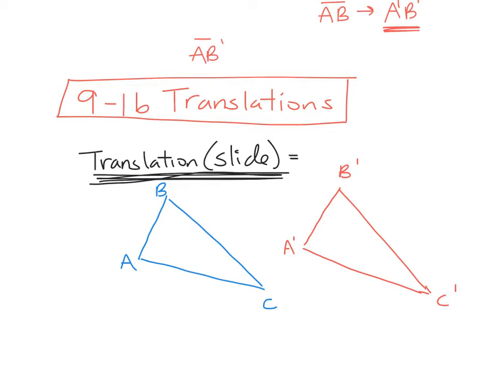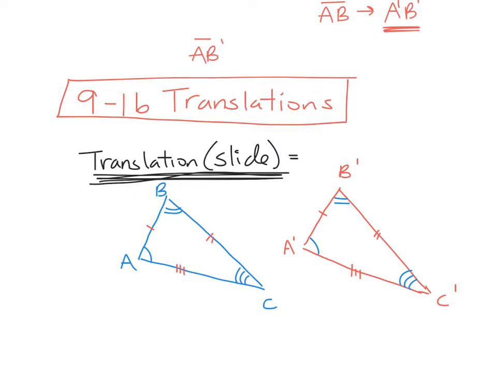A translation means this: all of your sides are the same still. It means all of your angles are the same still. So angle A and angle A prime, B corresponds to B prime, and C corresponds to C prime.